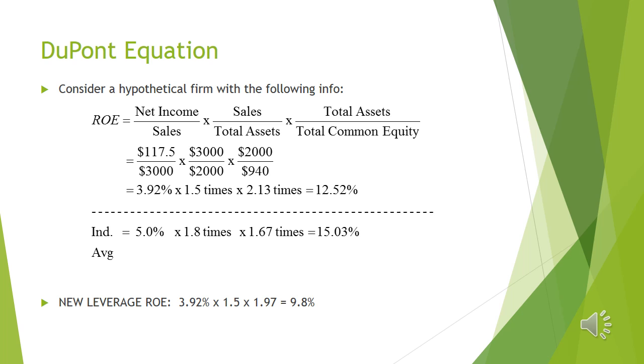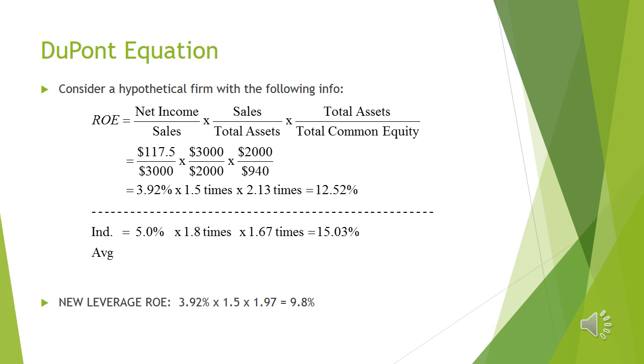You'll see the effect it has on the ROE on the second bullet point there, which says new leverage ROE at 3.92 times 1.5 times 1.67, which gives 9.8%, which is even less than what it was before. So because it is taking on much more risk, at least its return on equity was 12.5%. So just lowering its amount of debt is not going to solve the problem.